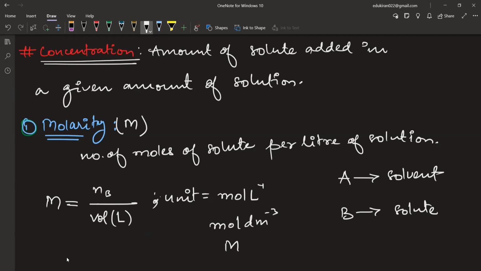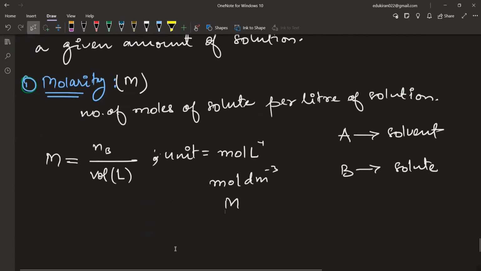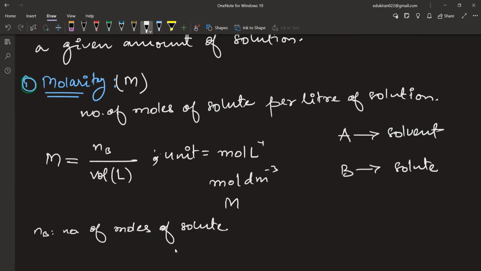These are the units. This is the definition. So write this down and the formula also. What is nB here? nB is number of moles of solute.